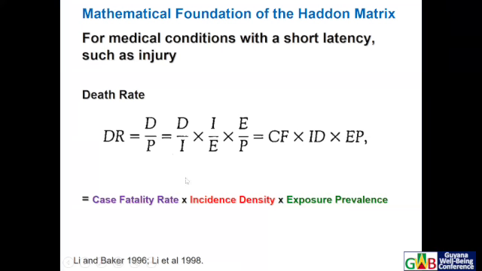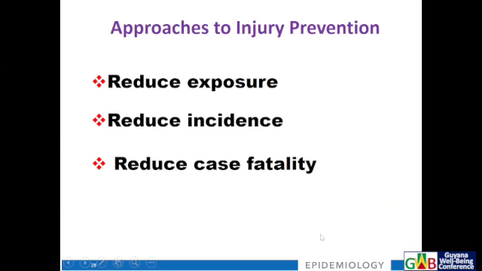And there is a mathematical foundation to the Haddon matrix. For medical conditions with a very short latency, such as injury, there is a simple mathematical relationship between death rate and the three elements. Death rate is the product of case fatality, incidence density, and exposure prevalence. What does that mean?